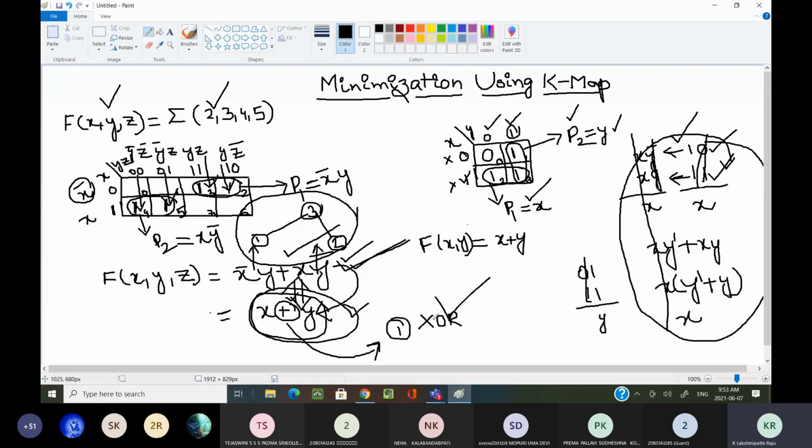Okay, that's all for today. I will give you one problem as homework, and I will wind up the session, because time is running out. F of ABC equals sum of min terms 3, 4, 6, 7. Write down the problem and solve it. If you are not solving the problem, we are going to see the same problem in tomorrow's session.